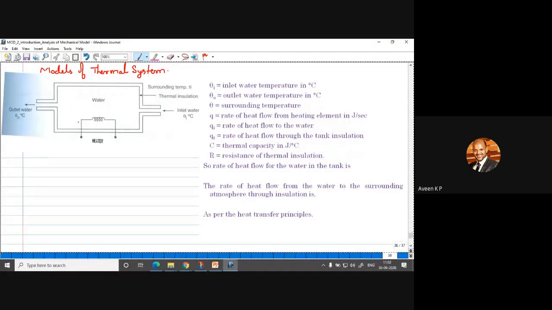Okay, and this is an example of heat transfer system. See, we have in our syllabus mechanical system, electrical system, thermal system, hydraulic and pneumatic system.